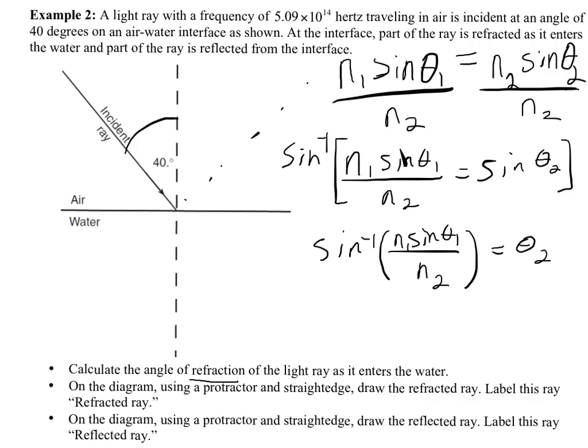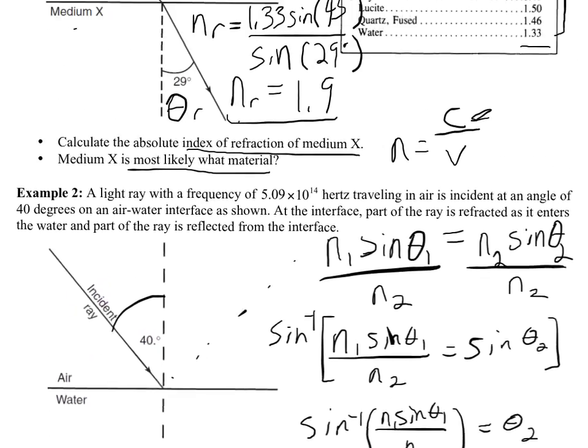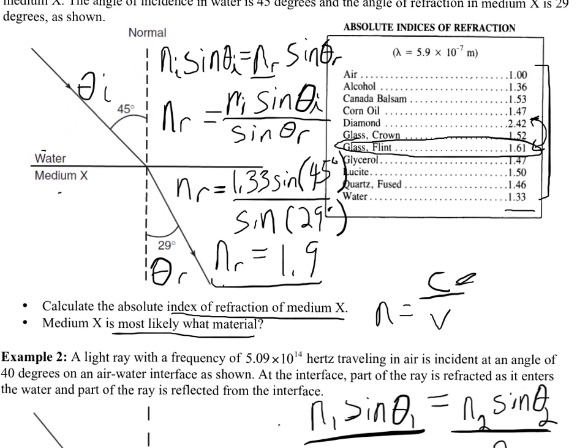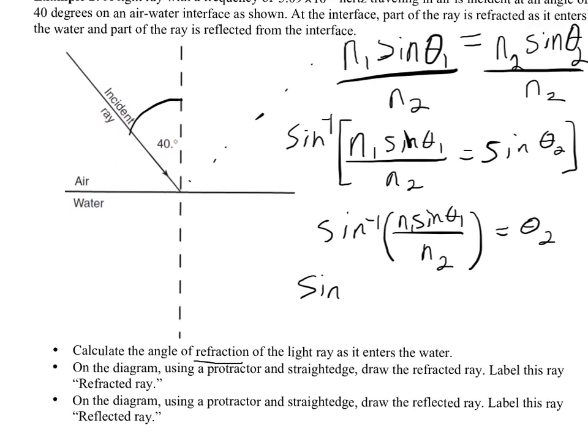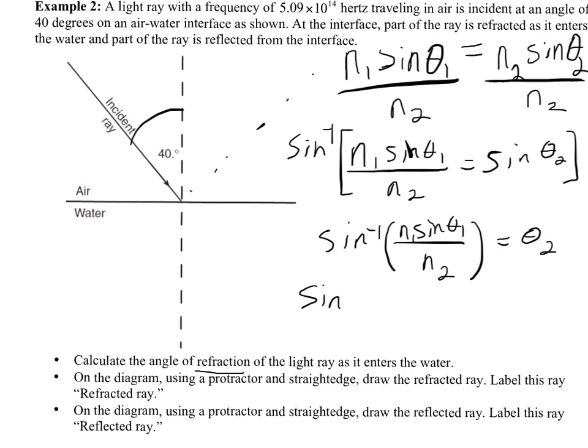And then I can plug in the numbers. So it's the inverse sine of the index of refraction of air, which is about 1, but let's see if it's somewhere in our handy dandy chart. Air, they label as 1.00. So 1.00 times the sine of 40 degrees divided by N2, water.